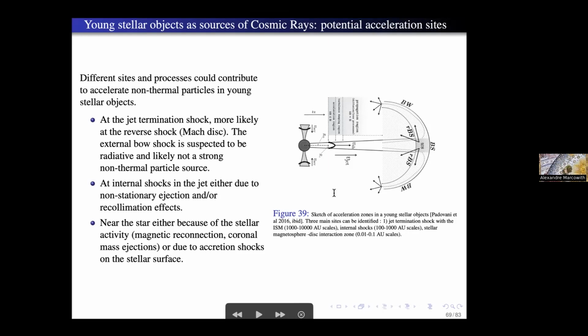Acceleration of particles in radiative shocks is thought to be not efficient because of the injection process, where you extract a few particles from the shock thermal plasma and put them at non-thermal, relativistic speed.